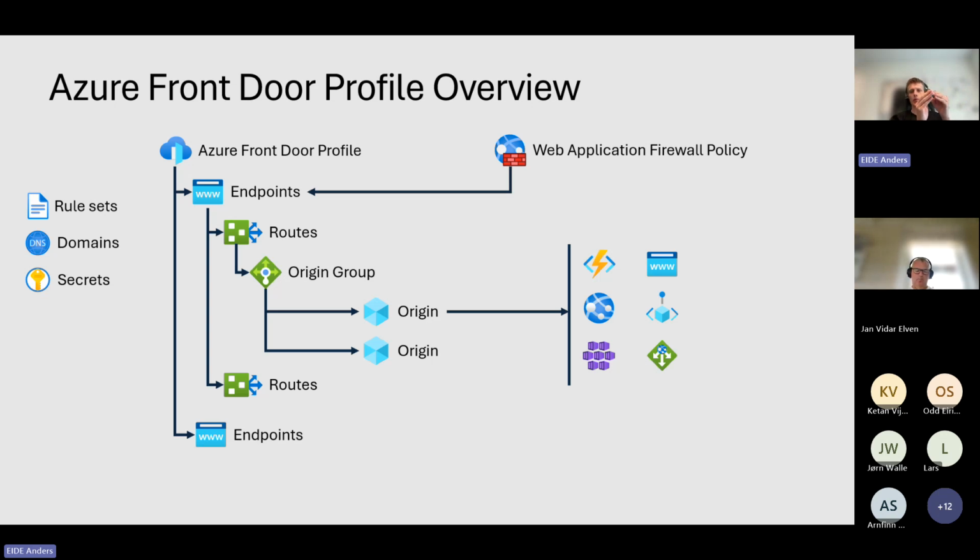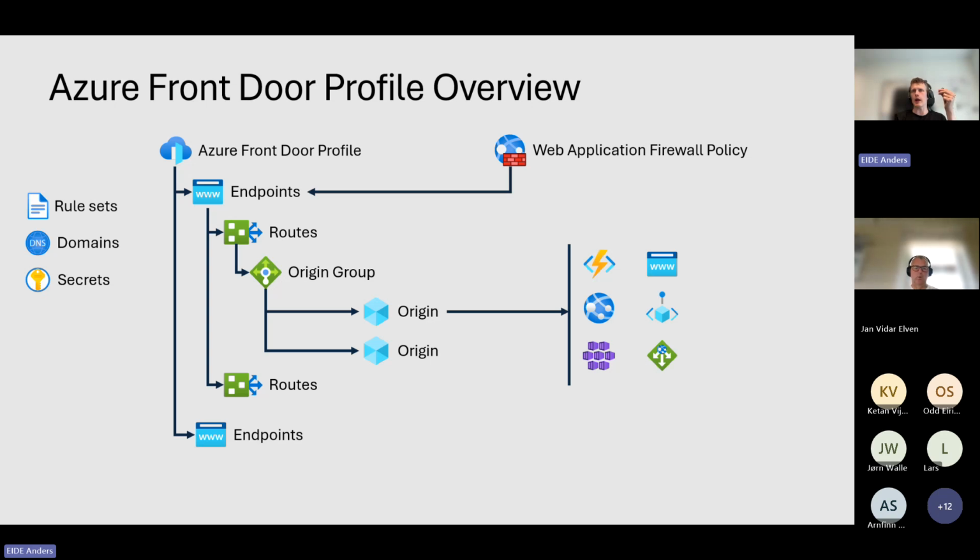So this can be, for example, domain name /blog or domain name /static images, or whatever you want to have on the domain route. A route is always associated with one specific origin group, and the origin group is the capability that does load balancing across different workloads.